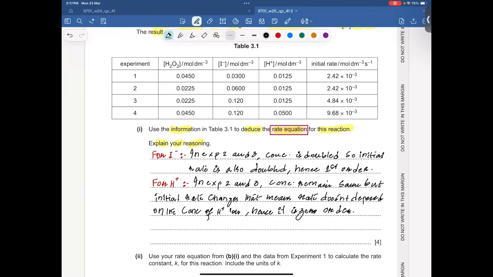Now last, for H2O2, see, the concentration of iodide ions is twice. Hydrogen ion will remain same, rate will remain same, and this concentration is going to be half, which means with respect to H2O2, it is first order reaction. My goodness, that's tricky.